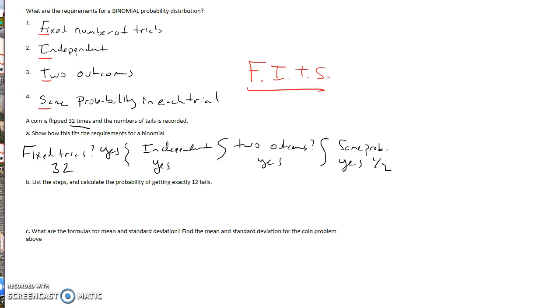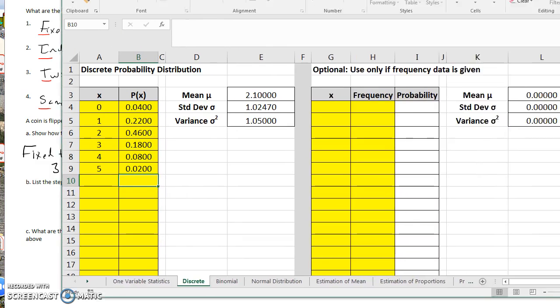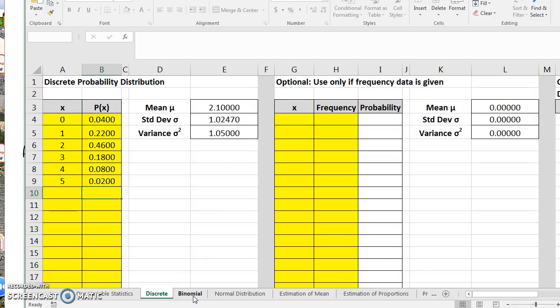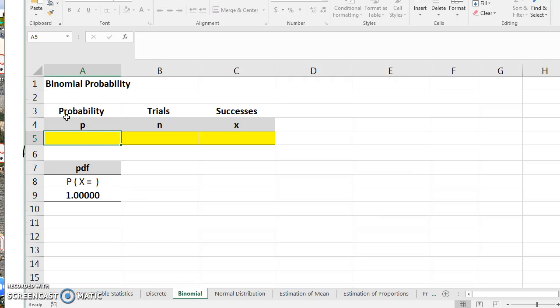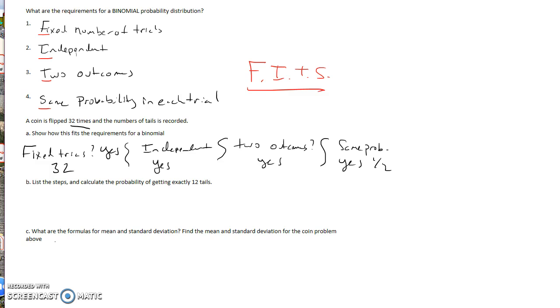So we're going to take a look at our Excel spreadsheet. You see you have this tab right here for binomial. And it asks for P, N, and X. Let's try to pick out what those things are here. P is going to be the probability of success. What are we trying to do here? We're trying to get a tails, right? So what's the probability that you flip a coin and get a tails?